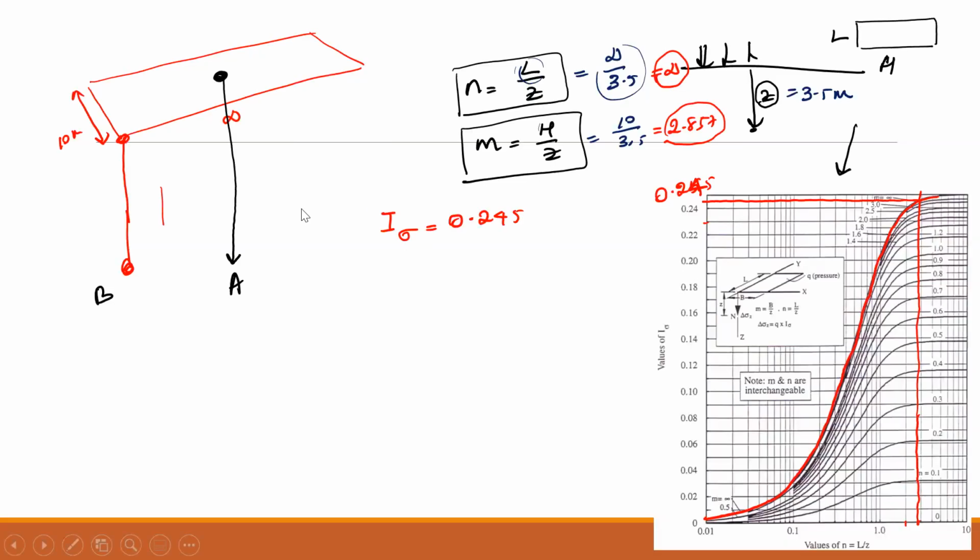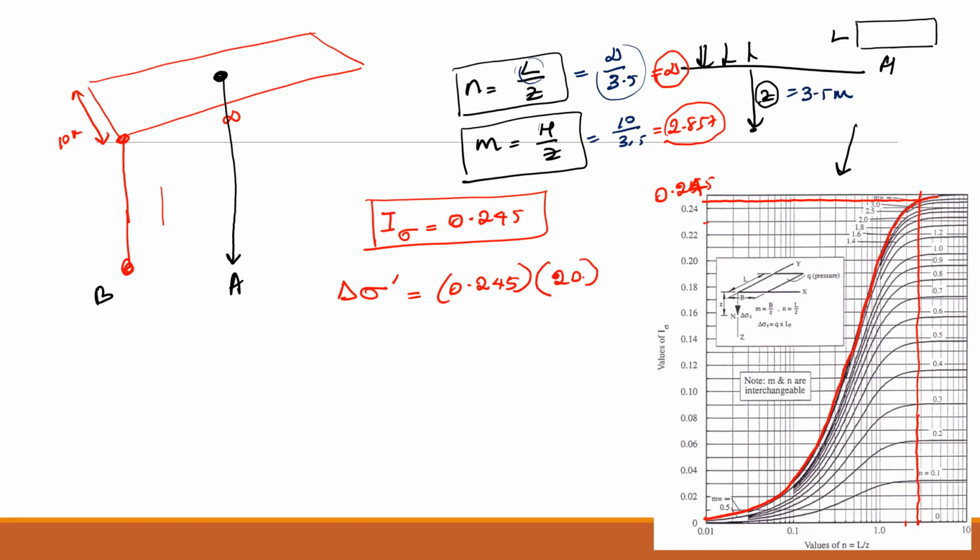So if you know this, can you remember how to find the stress increase? Stress increase is equal to 0.245 times the value 20, isn't it?